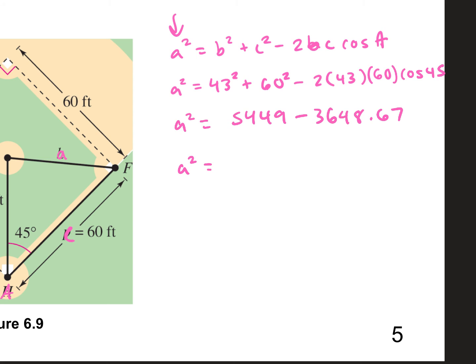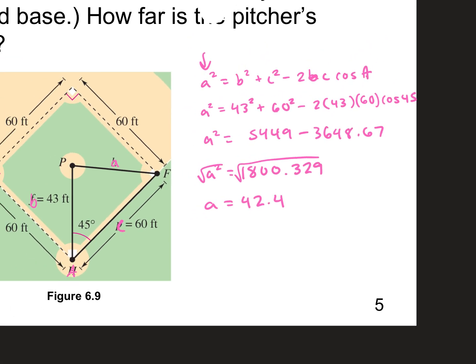So I get A squared is equal to 1800.329. Take the square root of both sides. So A is equal to 42.4. 42.4 what? Feet.